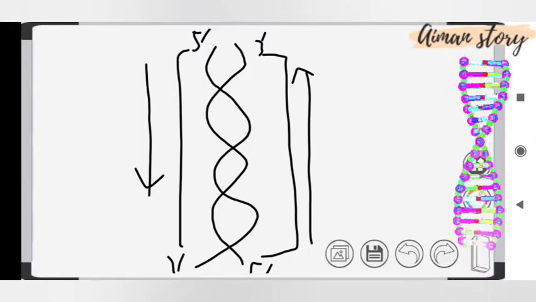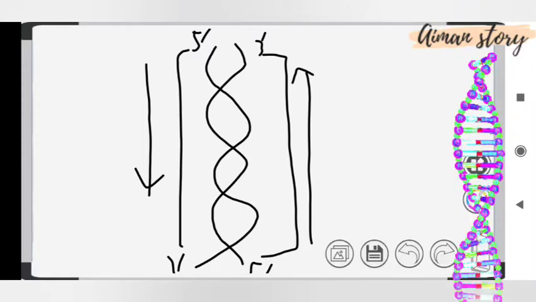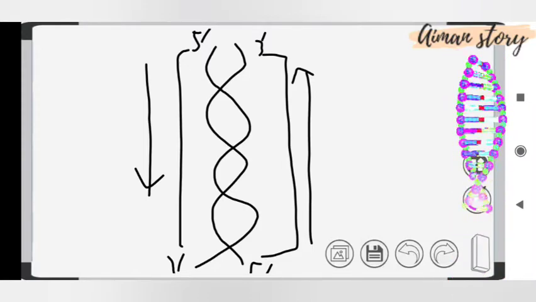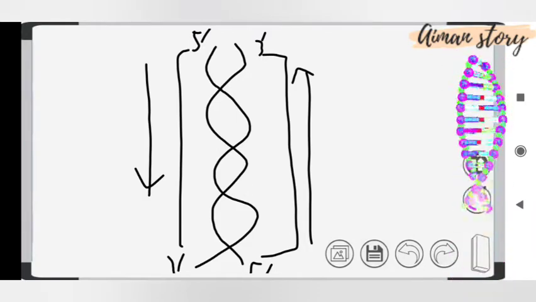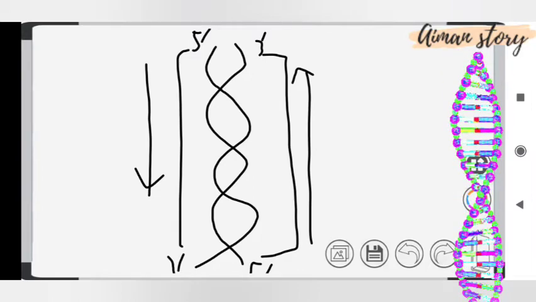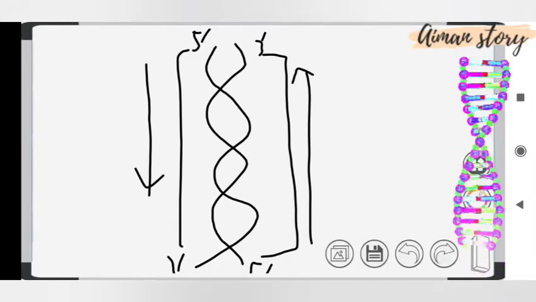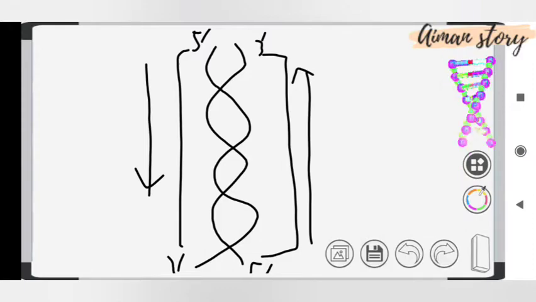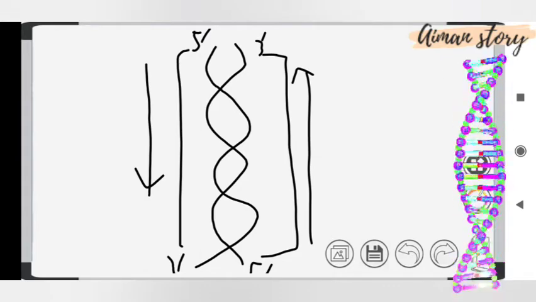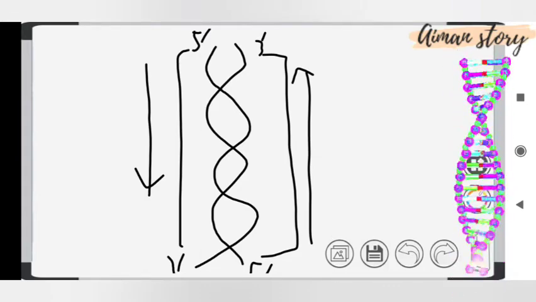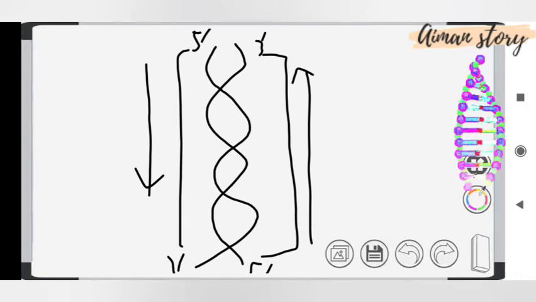For the first point, the backbone of the DNA structure, the polynucleotide chains: there are two polynucleotide chains that run in an anti-parallel fashion. This part of the DNA chain runs this way, and the other DNA chain runs in the opposite direction.